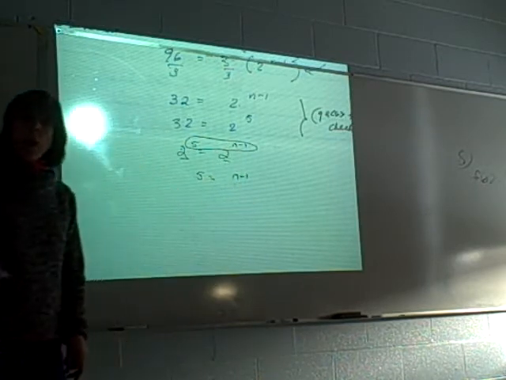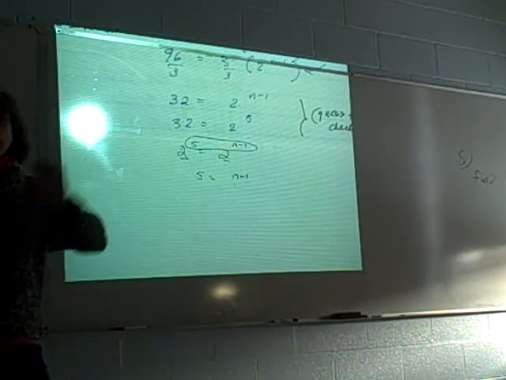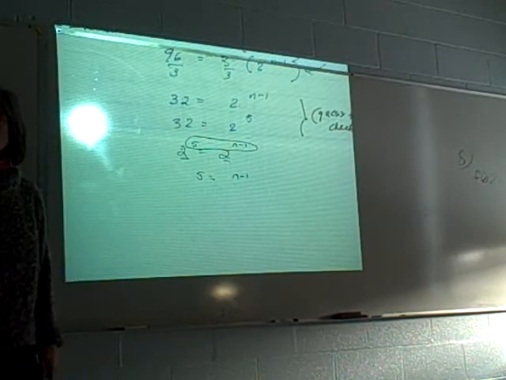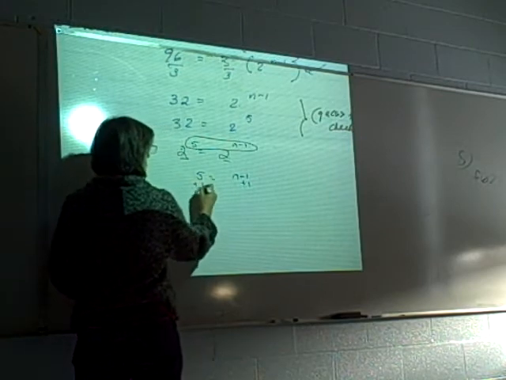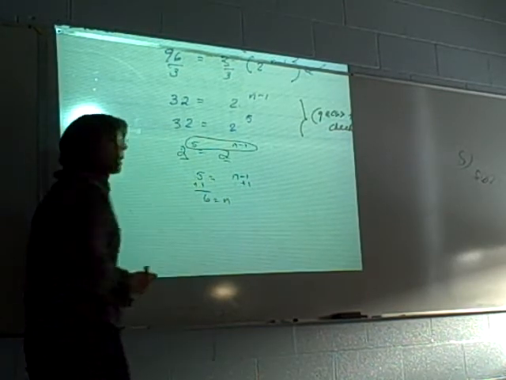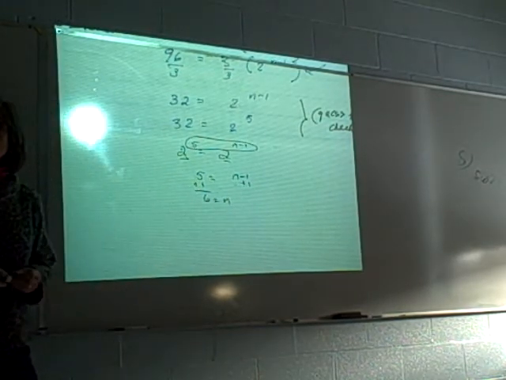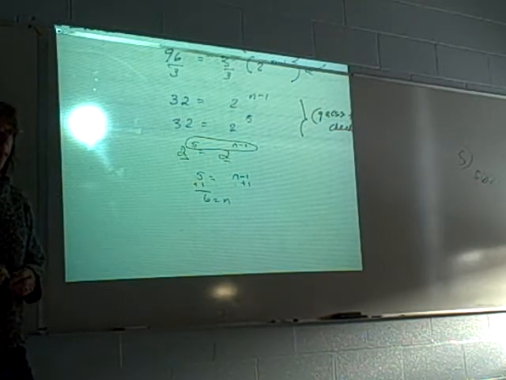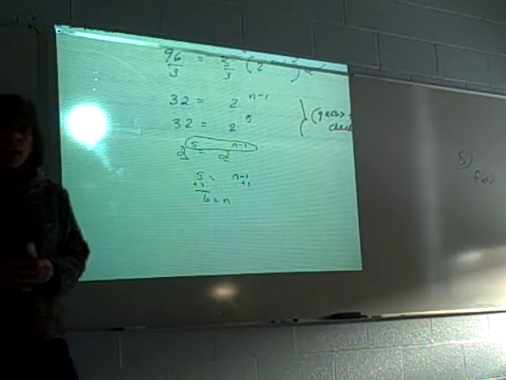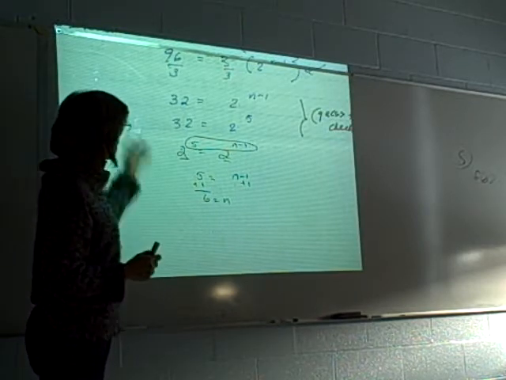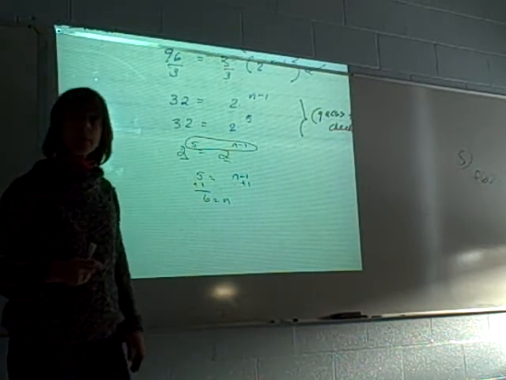And I know that that exponent has to equal the other exponent because they're the same. So if I add 1 here and I add 1 here, I know that n has to be 6. I got this on the board. Okay, so are we good with that? Do we know how many terms there are in the sequence? Yeah.